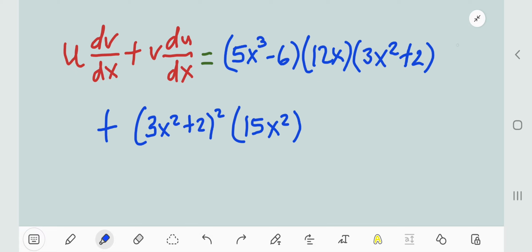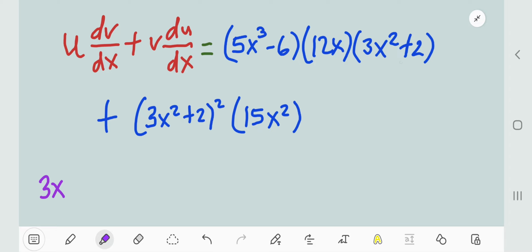So we are going to put 3x as a common factor, and since we have 3x squared plus 2 in common, we are also going to put 3x squared plus 2, and that is going to be our greatest common factor.